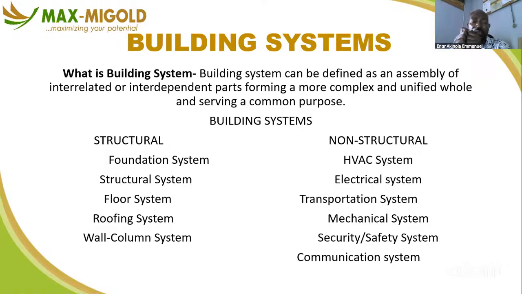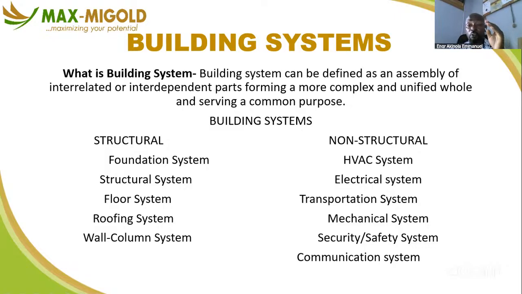common purpose. Then your building system includes your structural system, which is your foundation system, your beam, your column, your block wall, and all those, your floor system, your roofing system, then your walls and columns. These are all under building system, but the ones that I mentioned are classified under structural system.